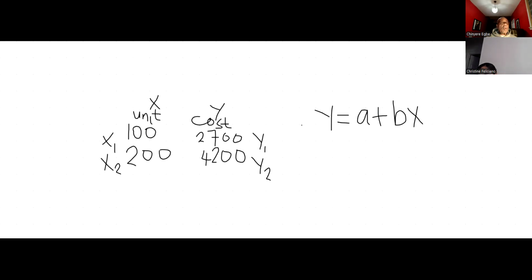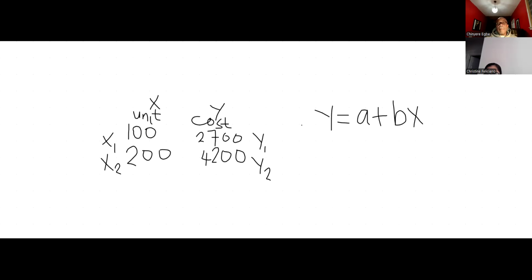And we found B by taking y2 minus y1 divided by x2 minus x1. When I produce 100 it cost me 2,700. Now when I start to produce 200 it cost me 4,200, and therefore my unit cost must be such that the additional 100 cost me an additional 1,500, and so the cost of each additional one must be 15. Get it? Okay.